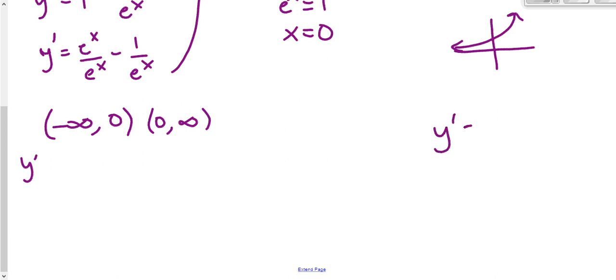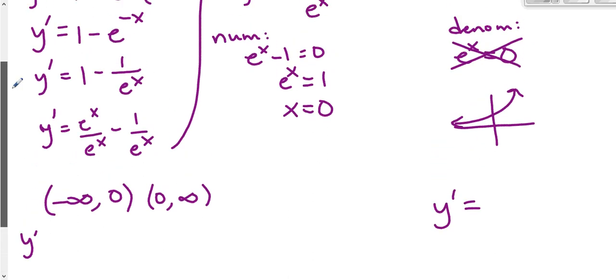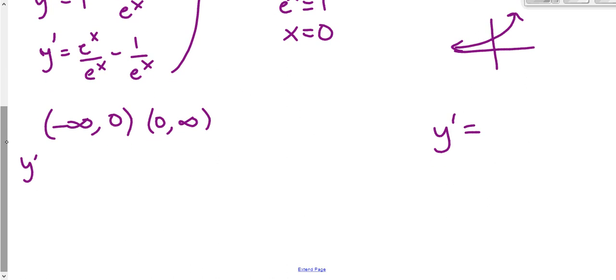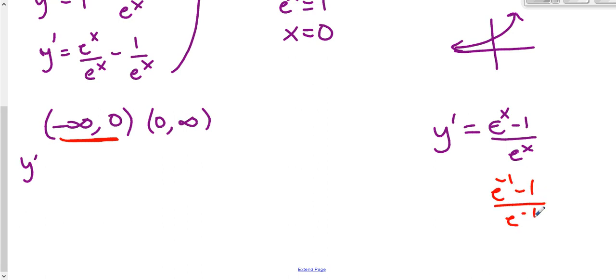The derivative was e to the x minus 1 over e to the x. Okay, so let's say we test x equals negative 1 from the first interval. So e to the negative 1 minus 1 over e to the negative 1.